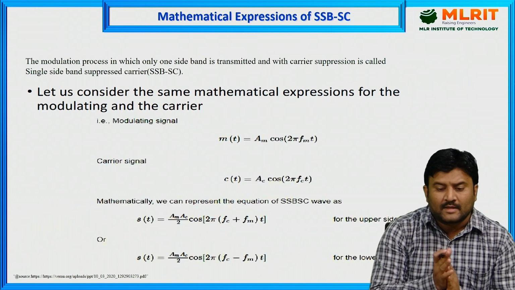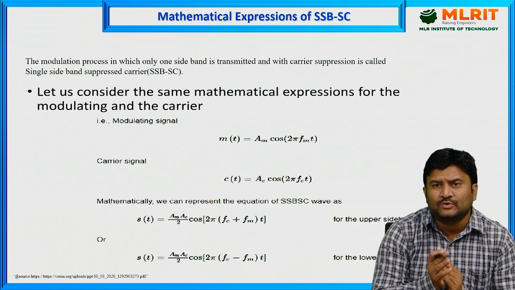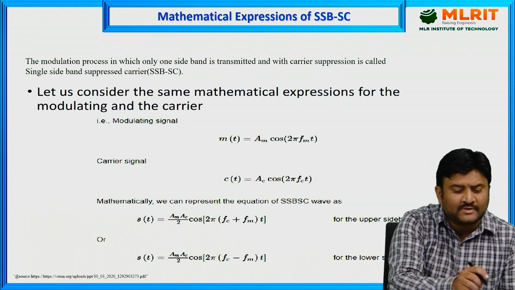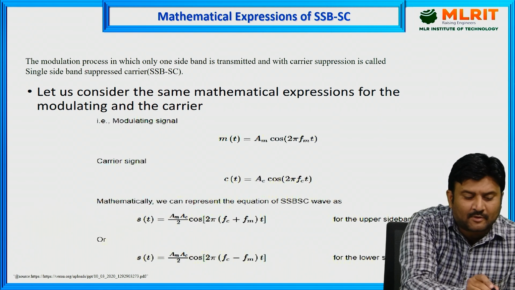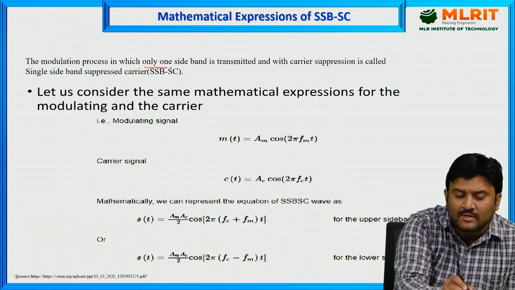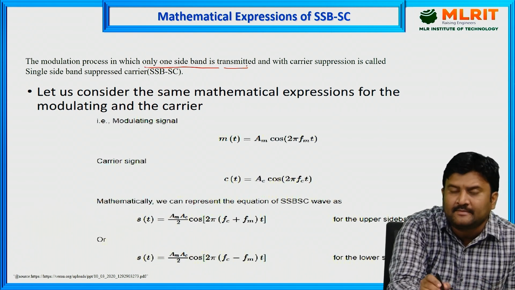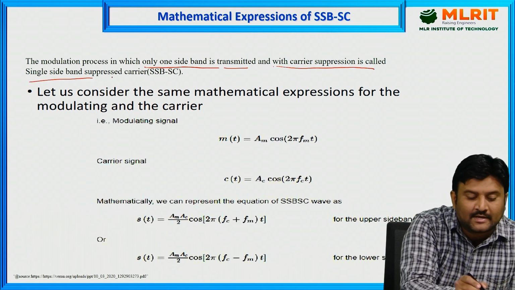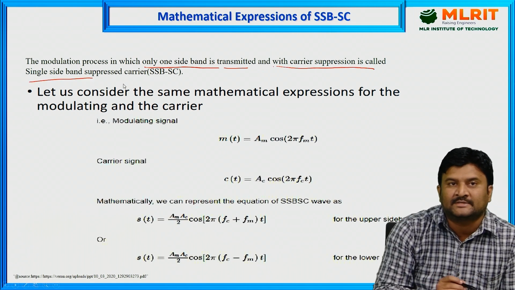Then the mathematical expression, because you need to get only one sideband of information at the output of the SSB-SC. Observe here, the modulation process in which only one sideband is transmitted with the carrier suppressed is called single sideband suppressed carrier.